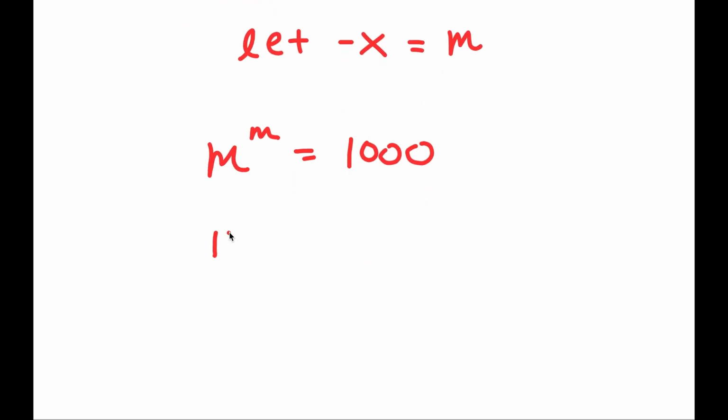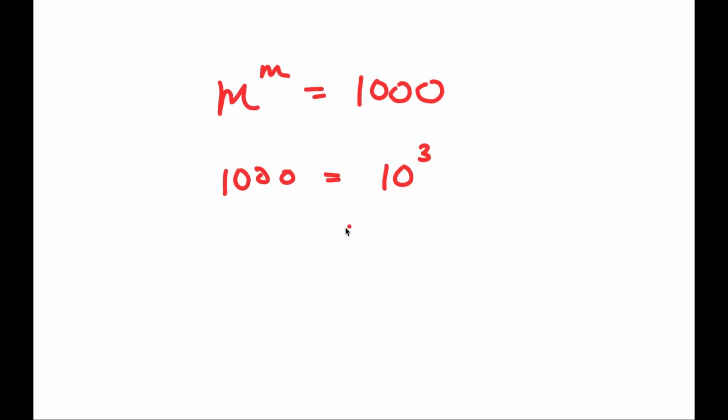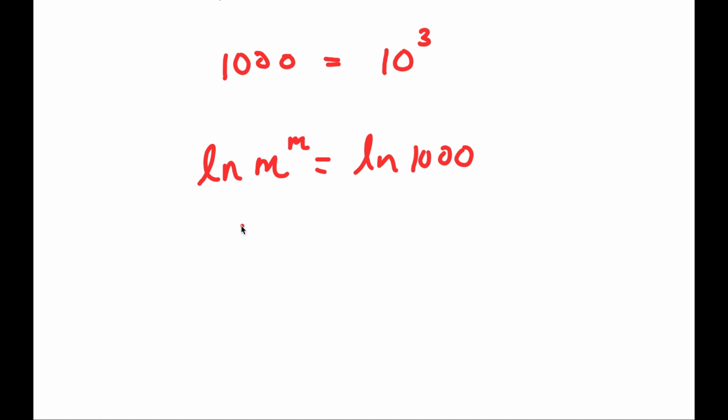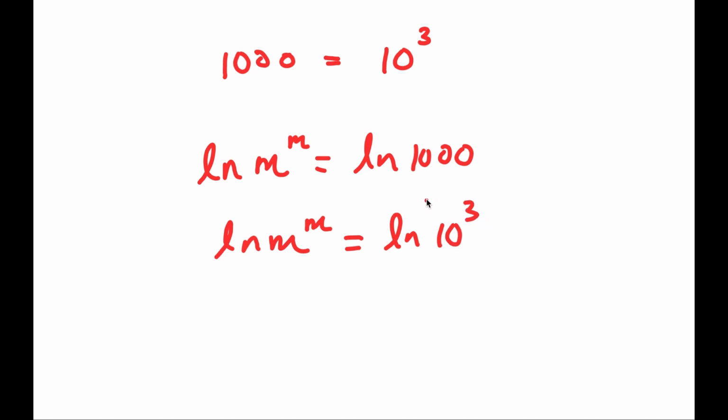Now, 1000 is the same thing as 10 to the power of 3. So I'm going to first take ln on both sides. So I have ln of m to the power of m is equal to ln of 1000, and I can rewrite 1000 as 10 to the power of 3.